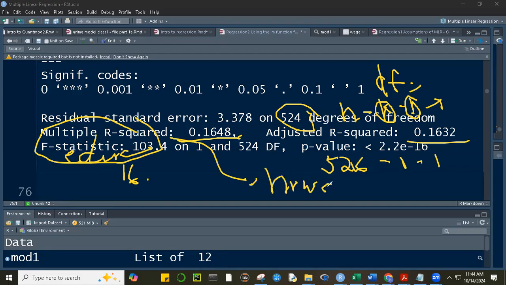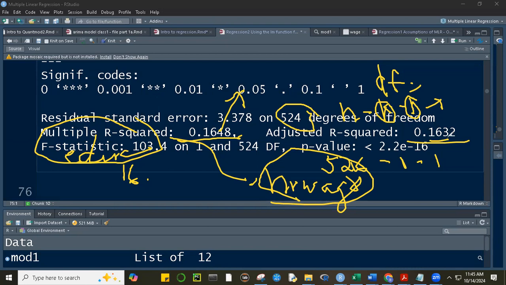Okay? We're trying to explain hourly wage using education. This tells us that around 16% of the variability of hourly wage can be explained by education. So based on multiple R squared, around 16.5. Based on adjusted R squared, around 16.3.